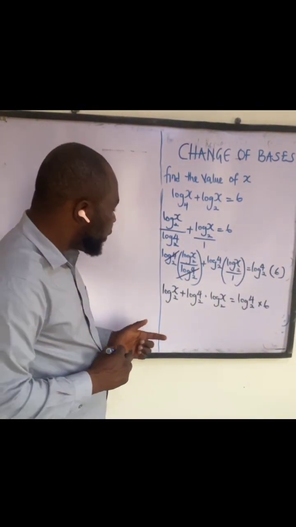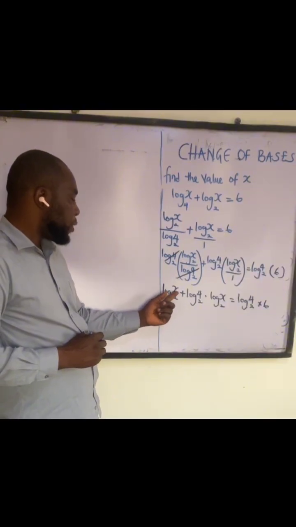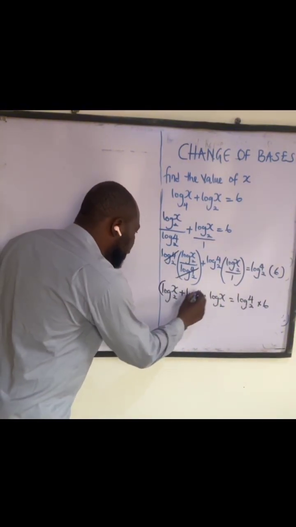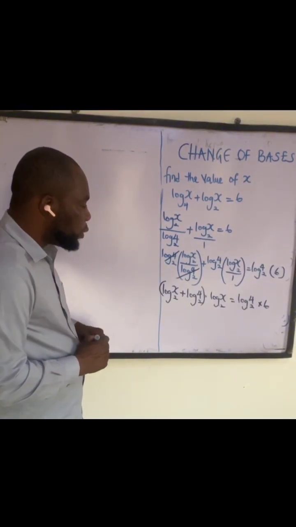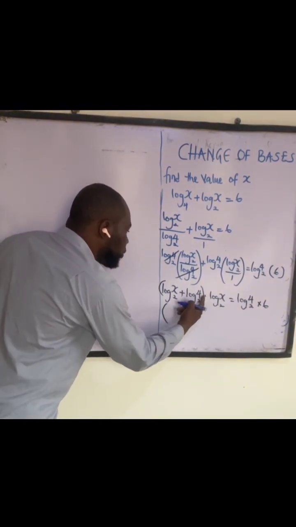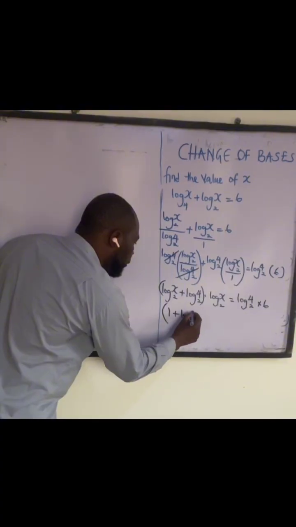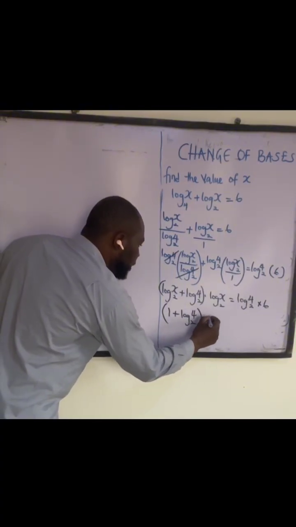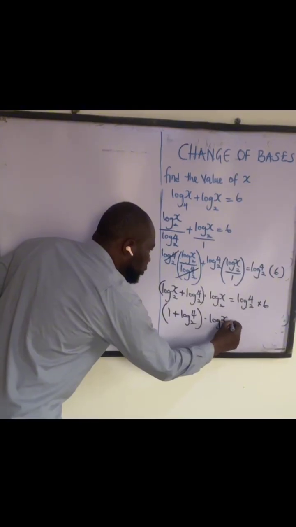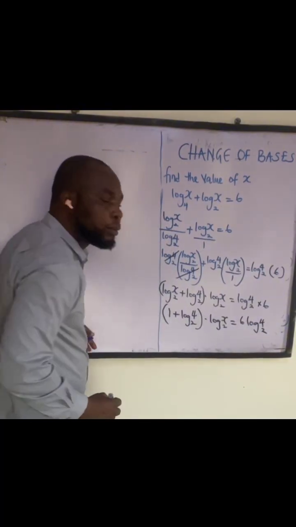Now we see that we have a common factor here, log of x in base 2, so we can put this in brackets and factor it out. It's going to be 1 plus log of 4 in base 2, multiplied by log of x in base 2, equals 6 log of 4 in base 2.